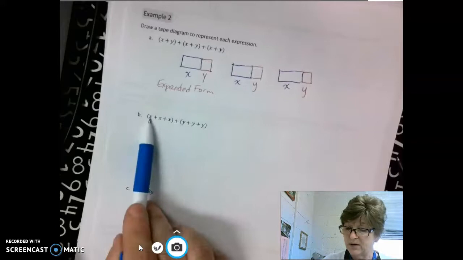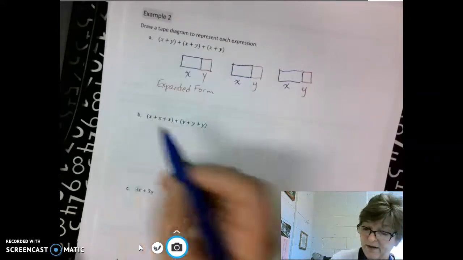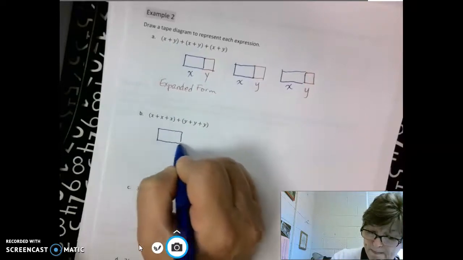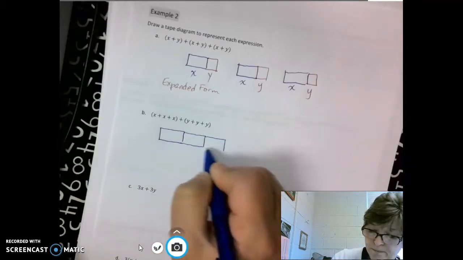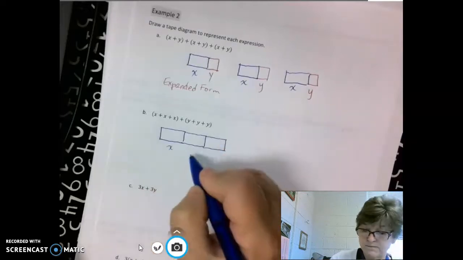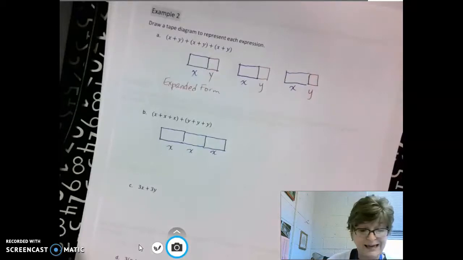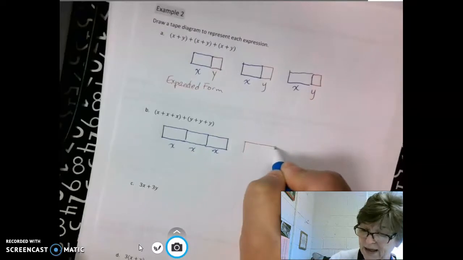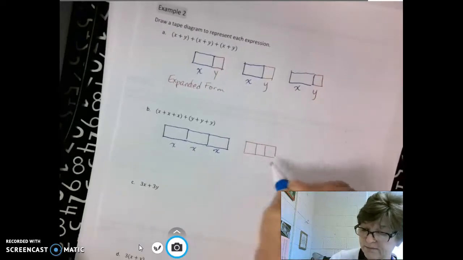So what happens here? Well, I have 3 x's, and then I'm combining or adding the three y's.